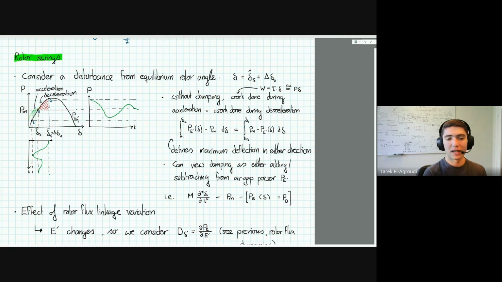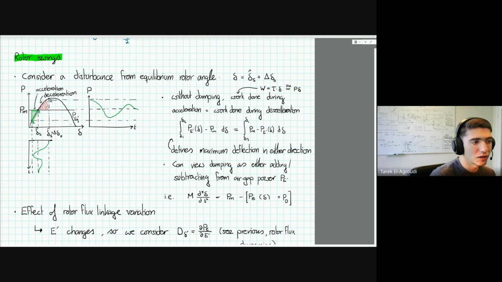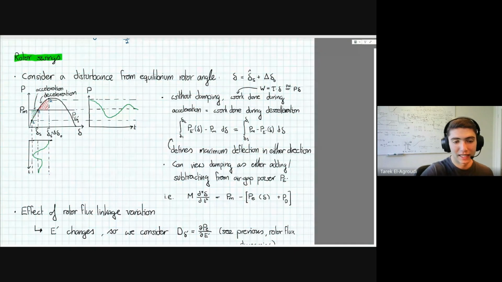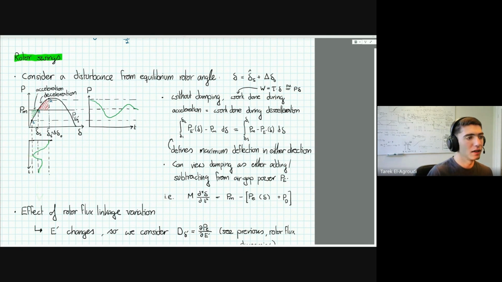And if you don't have any damping in the system, it will overshoot to the exact same amount, and it will just swing back, sustaining oscillations. But due to some damping, the overshoot is a bit smaller. Of course, the same goes for the other side. You're suddenly below your mechanical power, which means you will accelerate again. And then you will swing back. And so that's how your rotor swings and dampens in towards its equilibrium after a disturbance.